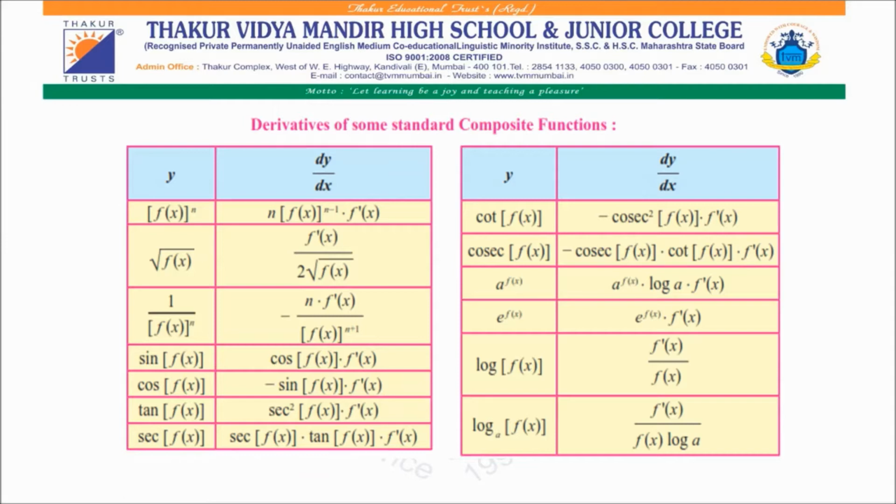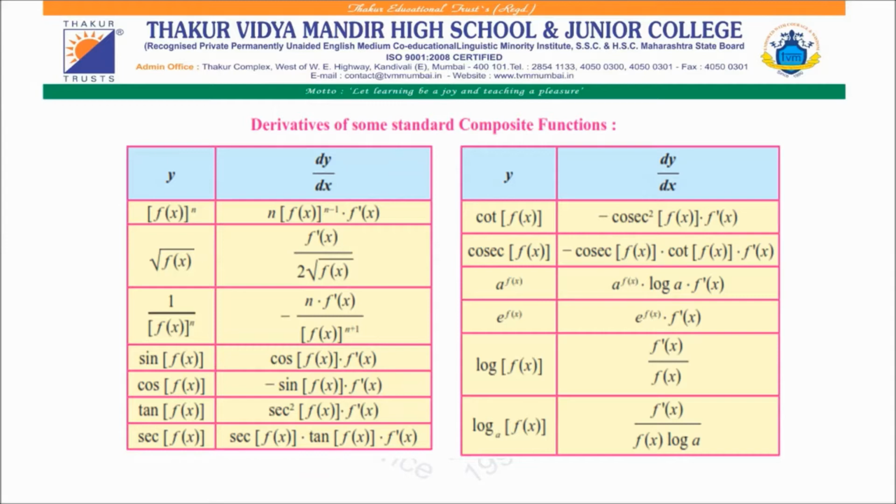Under root of f of x, instead of x here the function is given f of x. So its derivative is f dash x upon 2 root of f of x. Then 1 by f of x raised to n, its derivative is minus n into f dash x upon f of x raised to n plus 1, just like you differentiate 1 by x raised to n.